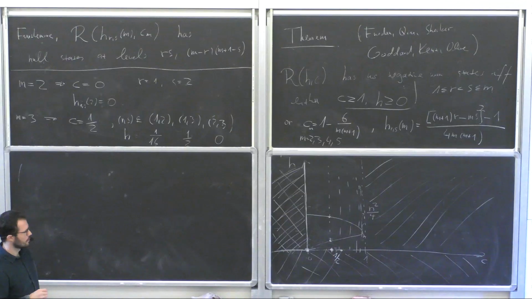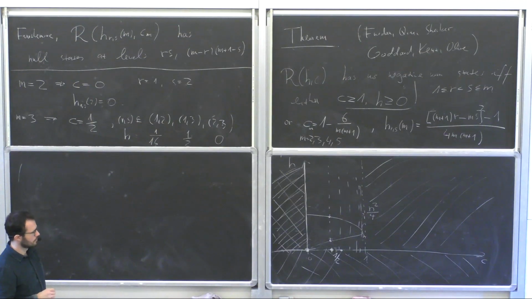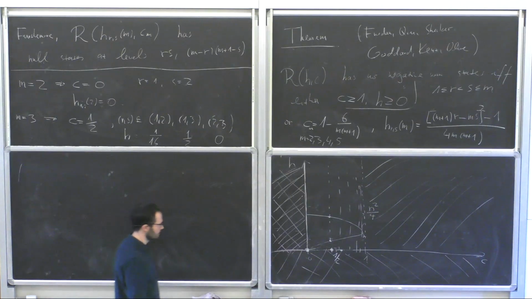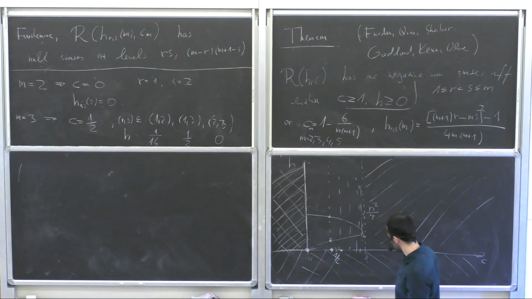Then I guess it's not a parabola. It's some algebraic curve of some degree. I don't know what degree, but it's coming from level 2, so you can do it.